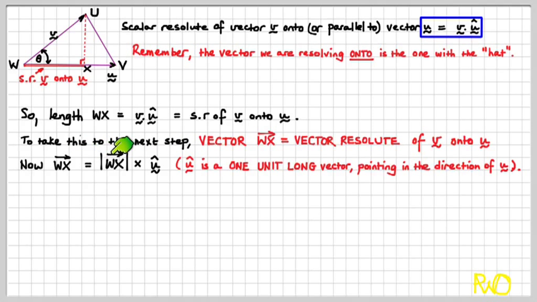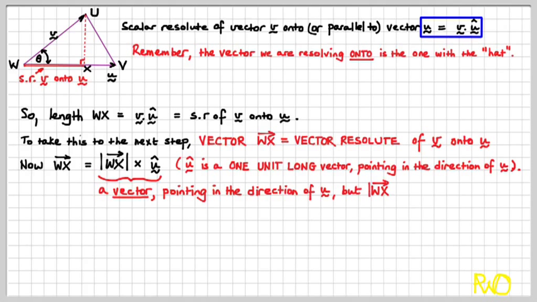Vector Wx equals the length of the line Wx multiplied by a 1 unit long vector pointing in the direction of u. You get that? Yeah, so here it comes. That is a vector pointing in the direction of u with length Wx, in parallel lines. So you express it as a length. Yeah, do you get that?